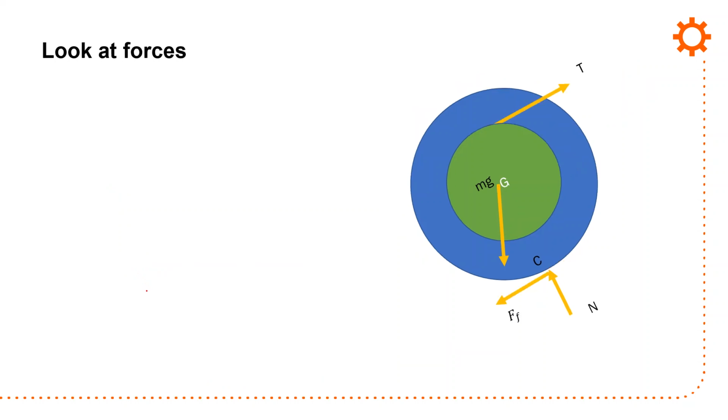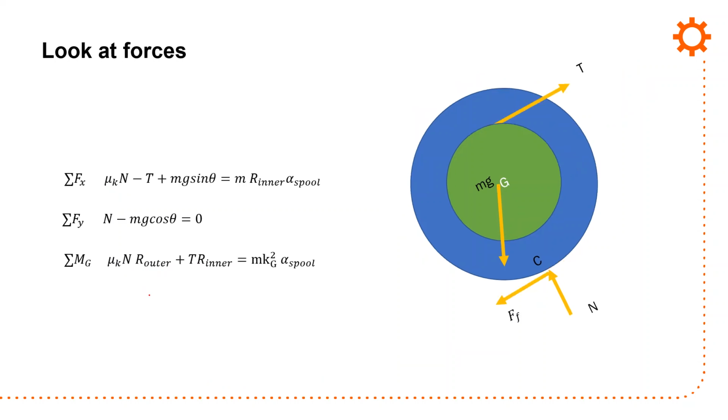So if I look at the forces, I have all of these terms again. So I have mu k N, force of friction, minus T plus mg sine theta equals mass times r inner alpha spool. That's my a_gx. I have a_gy, which is equal to 0.